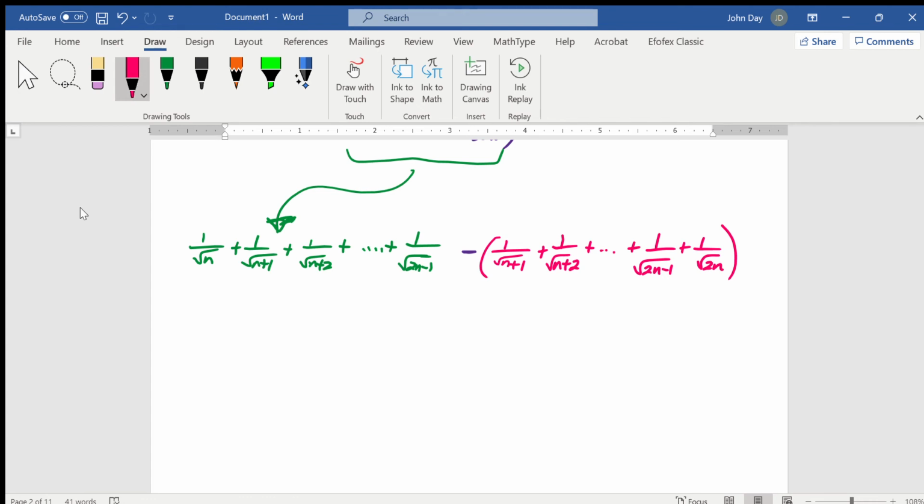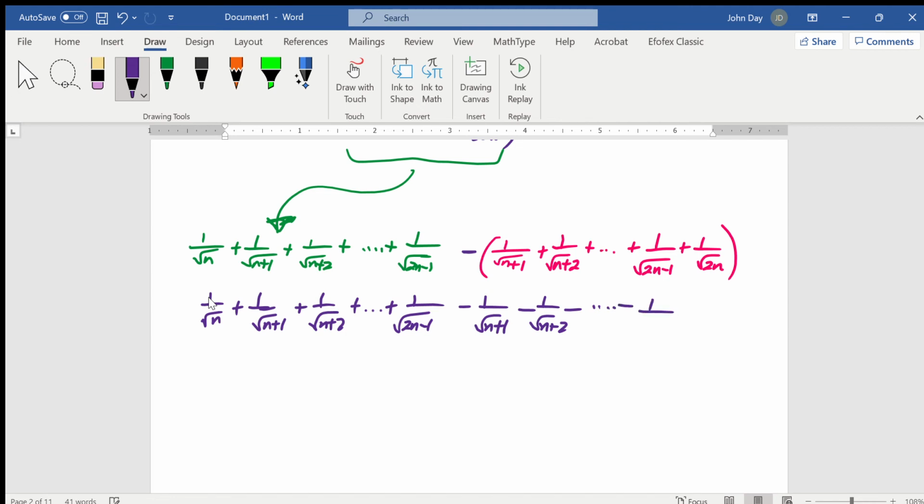All right, so we can see that we get 1 on root n plus 1 on root n plus 1 plus 1 on root n plus 2 plus 1 on root 2n minus 1, minus 1 on root n plus 1, minus 1 on root n plus 2, minus 1 on root 2n minus 1 and minus 1 on root 2n.